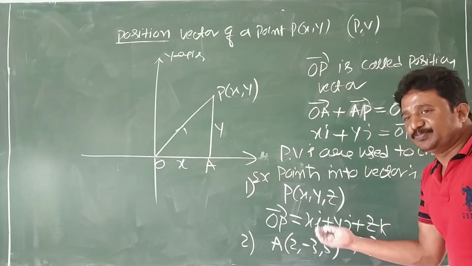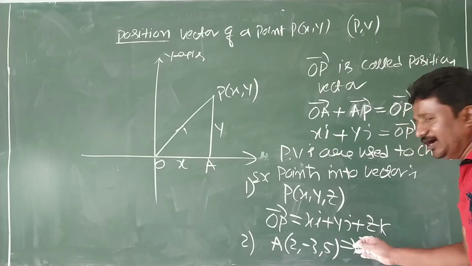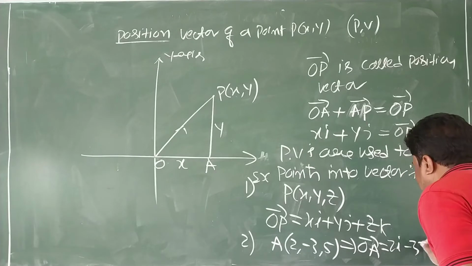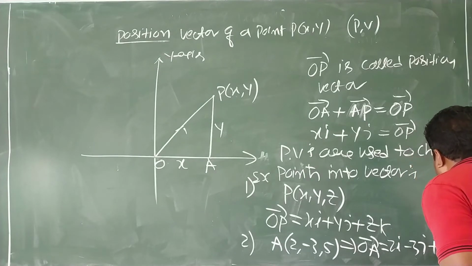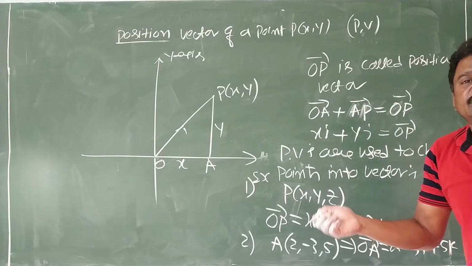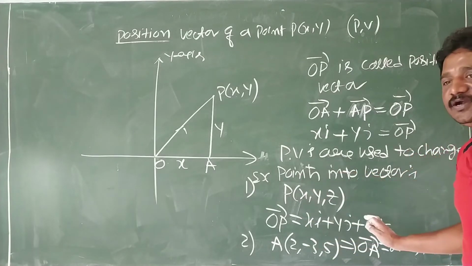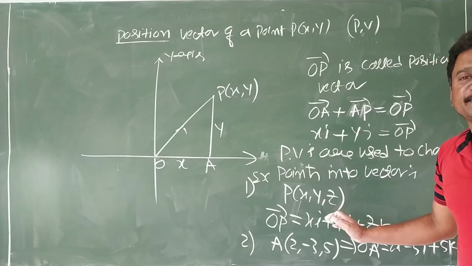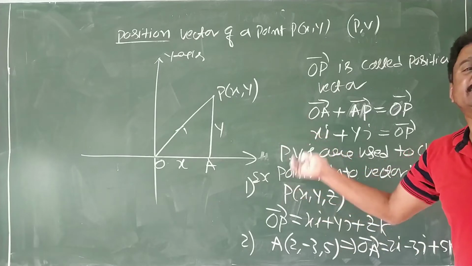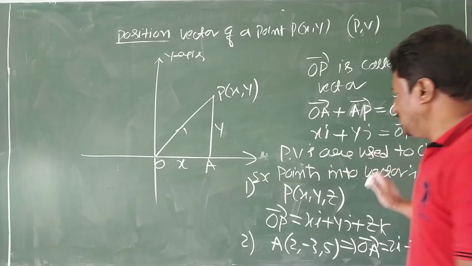According to this, 2i, next minus 3j, plus 5k. I hope you understood, students. So what is the use of PVs? PVs are used to change points into vectors. Useful concept. You must practice all the concepts very well. They are the basics of vectors, the ABCDs of vectors. So next, look at this, students.